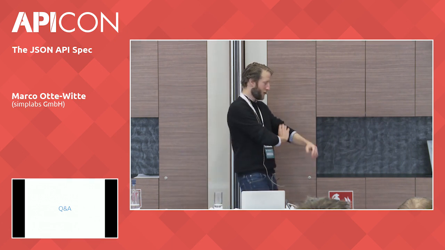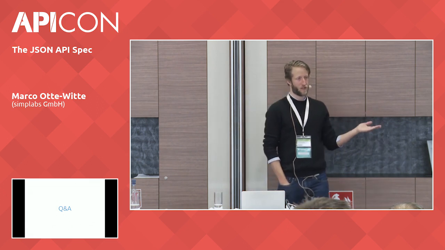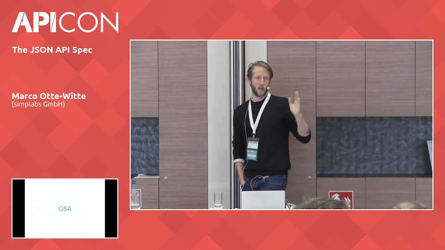So basically, if you want to build your own API based on JSON API, you have to figure out what your resources are and what relations and what attributes those resources have, right? Because it's all about synchronizing resources. It's not about RPC or so, like allowing arbitrary remote calls with arguments or whatever. It's only about synchronizing resources.